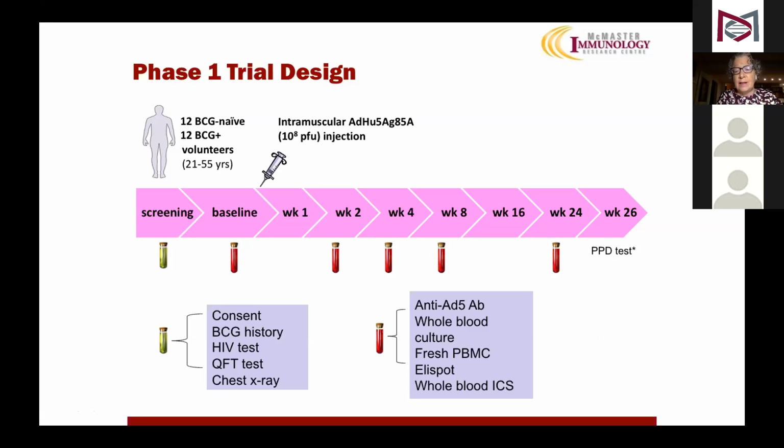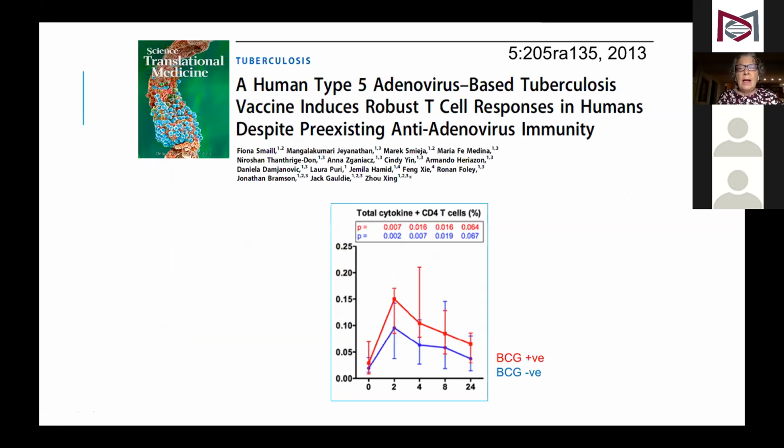So remember, this is the first in-human study that we had done with this product. And we were able to demonstrate that our vaccine did induce robust T-cell responses. And this was despite many of our participants having anti-Ad5 antibodies. And you can see here the immune responses.